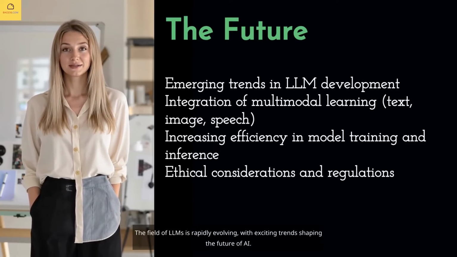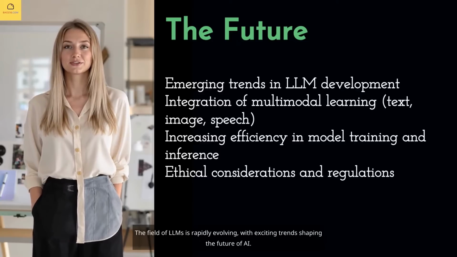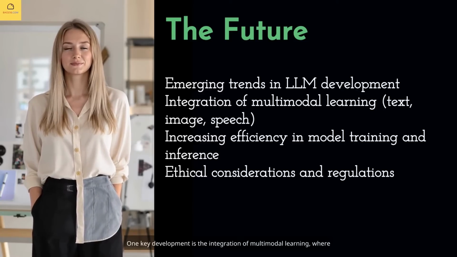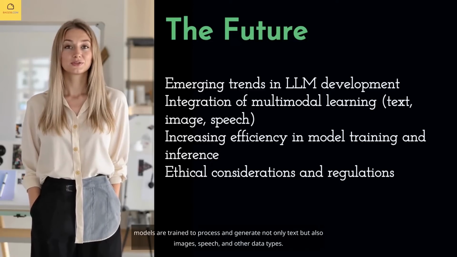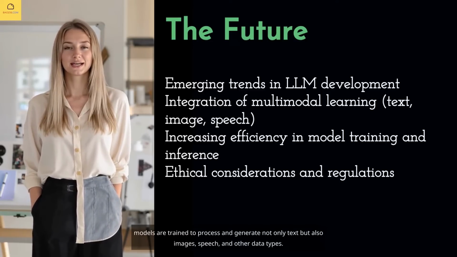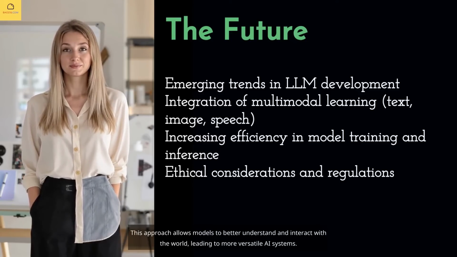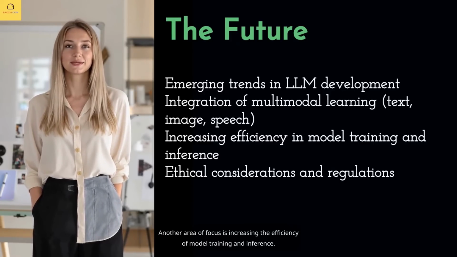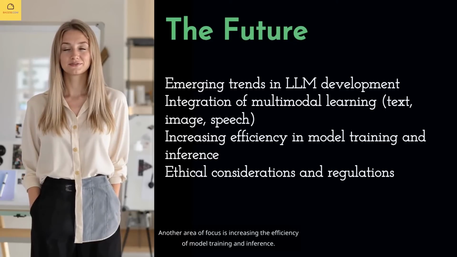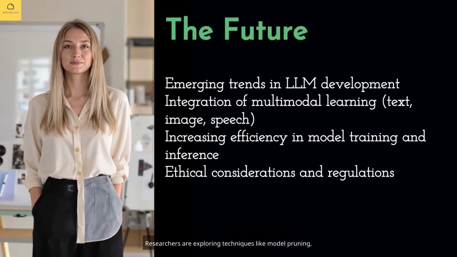The field of LLMs is rapidly evolving, with exciting trends shaping the future of AI. One key development is the integration of multimodal learning, where models are trained to process and generate not only text but also images, speech, and other data types. This approach allows models to better understand and interact with the world, leading to more versatile AI systems. Another area of focus is increasing the efficiency of model training and inference.